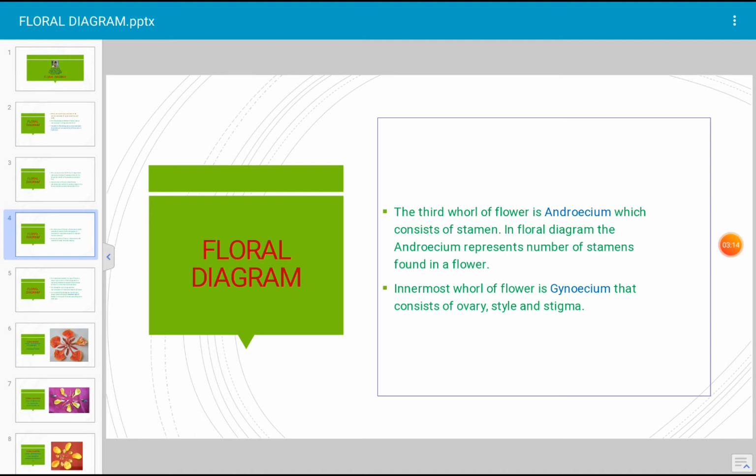Those diagrams drawn in the books scientifically by taxonomists of the world and of India are 100% correct, and you have to follow them.